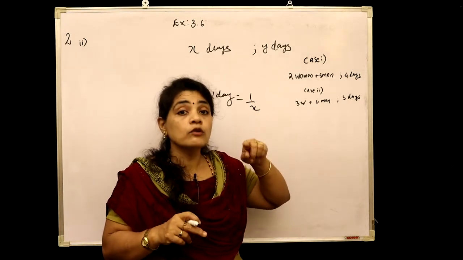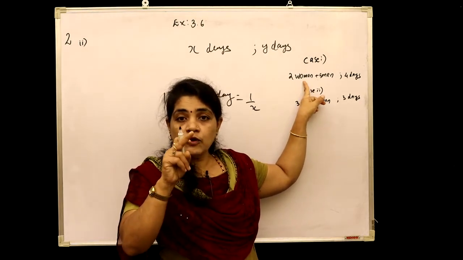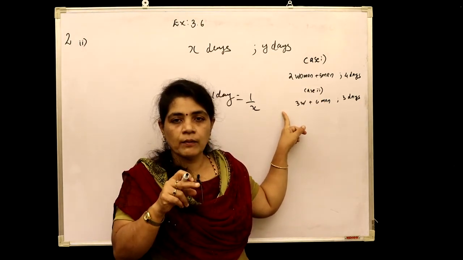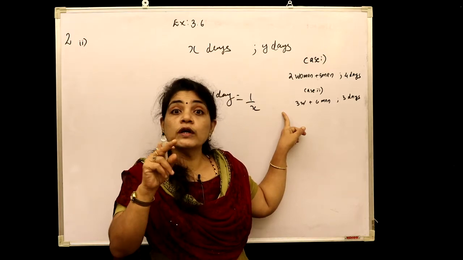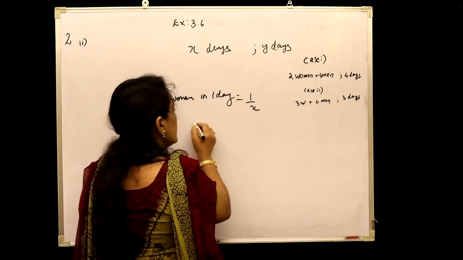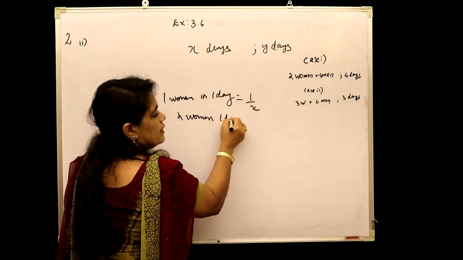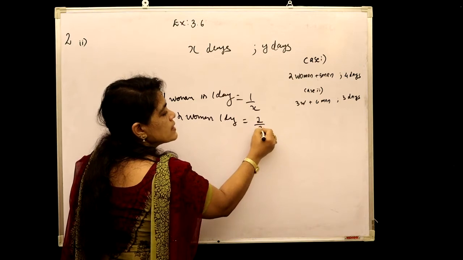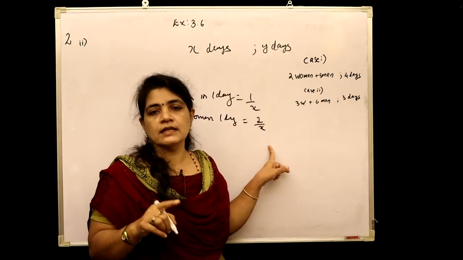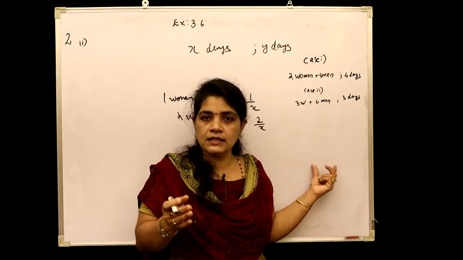And we have 2 women in that group. Applying the unitary method, if you multiply 2 into 1/x, that is 2/x. This is the work done by 2 women in 1 day. Understood?